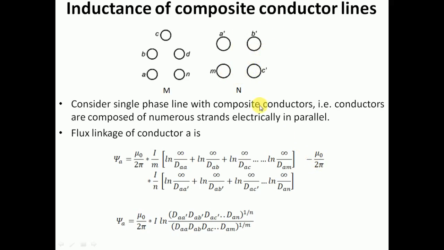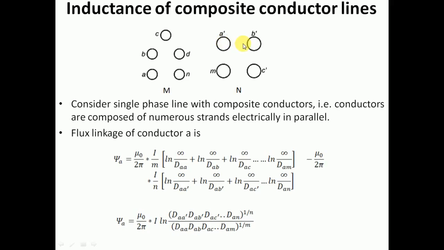Since the current which is flowing through each of the subconductors is minus I by n, in this relation it comes negative here. So the external flux linkage due to this conductor A dash will be minus mu 0 by 2 pi I by n natural log of infinity by dAA dash. dAA dash is actually the distance between these two subconductors.